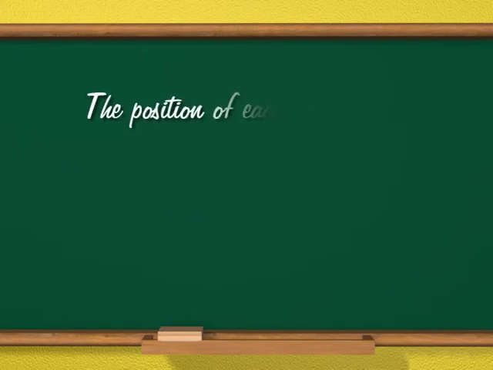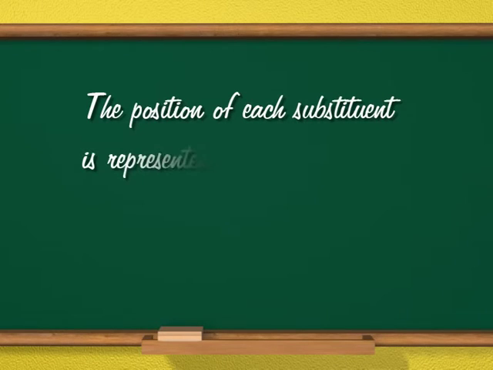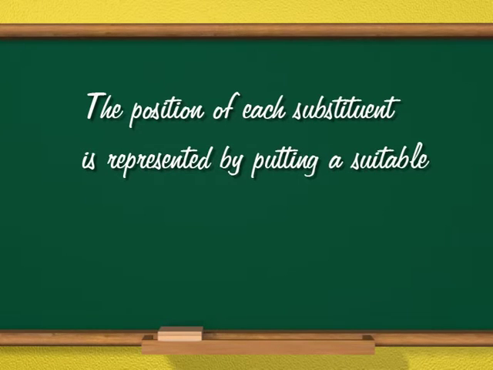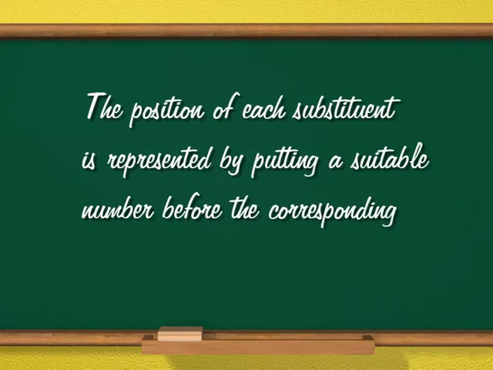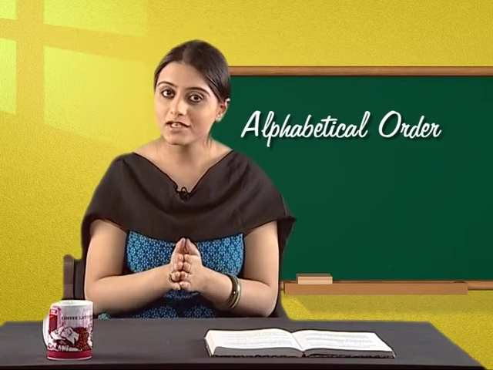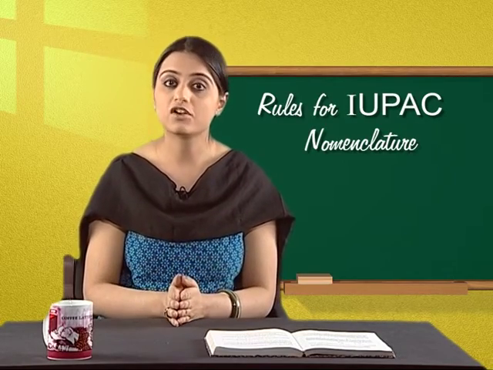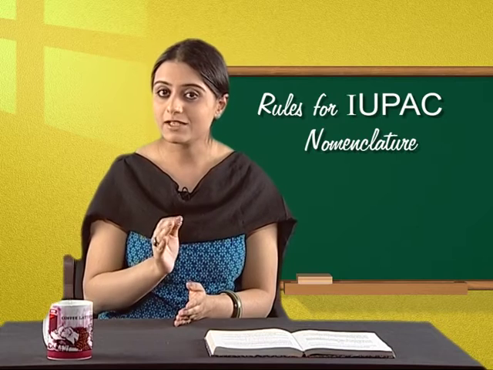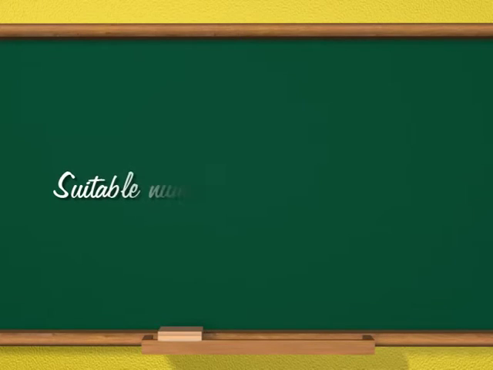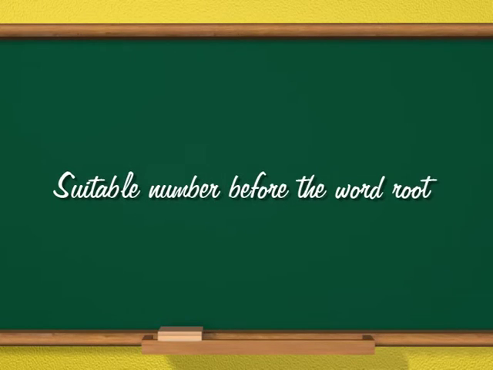The position of each substituent is represented by putting a suitable number before the corresponding prefix. Prefixes are arranged in alphabetical order and are separated by hyphens. If the primary suffix is "ane", the position of principal functional group is indicated by mentioning the suitable number before the word root.